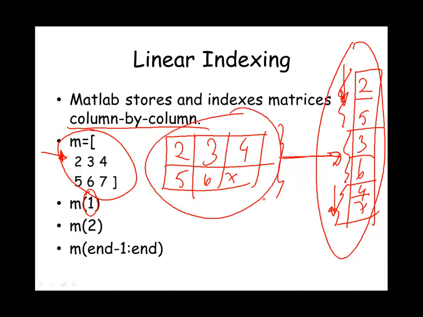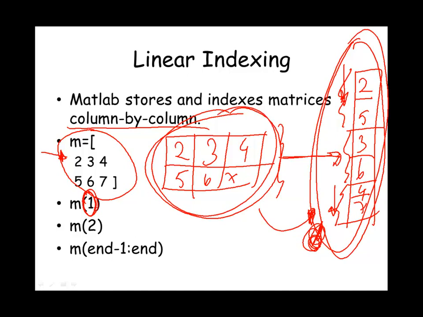So matrices can be represented as column vectors. And when you are using a single number for indexing, you are essentially using this column representation, and you would be performing indexing on this column vector instead of indexing on the original matrix.